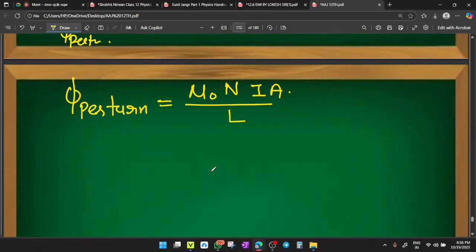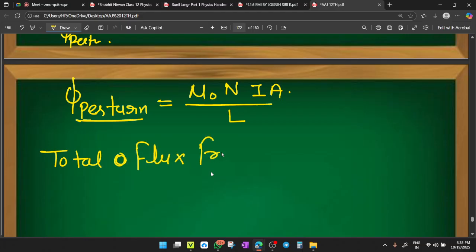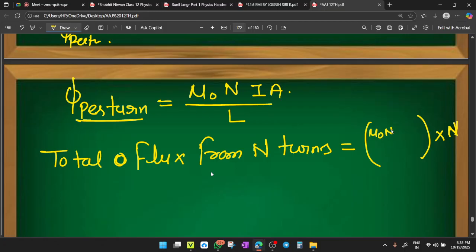And one turn is carrying this flux. So the total magnetic flux from capital N turns, what will be the total flux? The total flux equals one turn flux times the total number of turns, that is N. One turn flux equals mu naught capital N i a upon L. Agree?